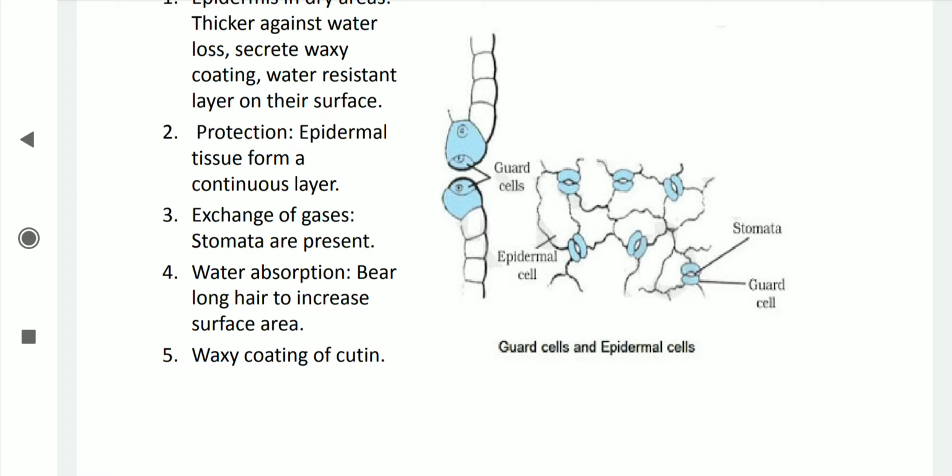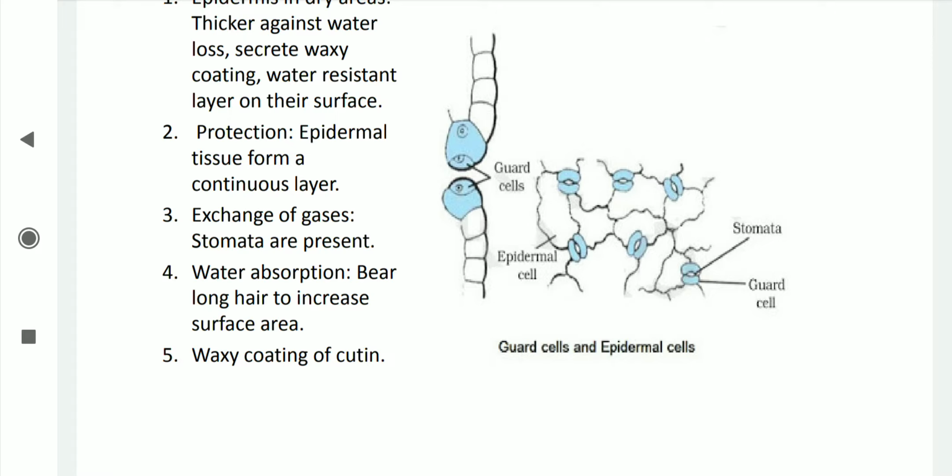Second, mechanical injury. Mechanical injury takes place in many ways, by animals, by strong winds, etc. And invasion by parasitic fungi and parasites. They invade, which means they enter the plant through this epidermis.